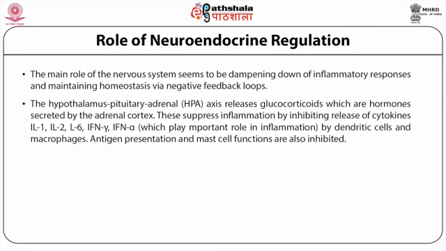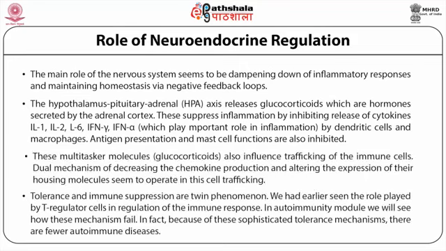These suppress inflammation by inhibiting release of cytokines by dendritic cells and macrophages. Antigen presentation and mast cell functions are also inhibited. These multitasker molecules, that is glucocorticoids, also influence trafficking of the immune cells. A dual mechanism of decreasing chemokine production and altering the expression of their homing molecules seems to operate in this cell trafficking.